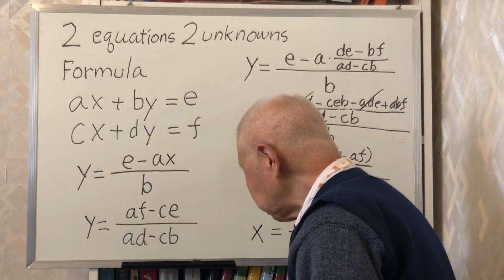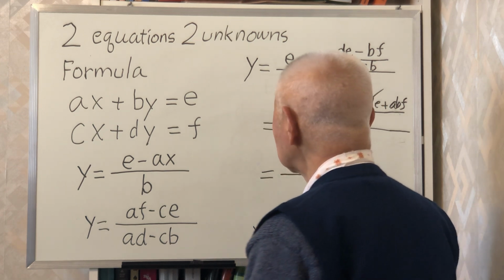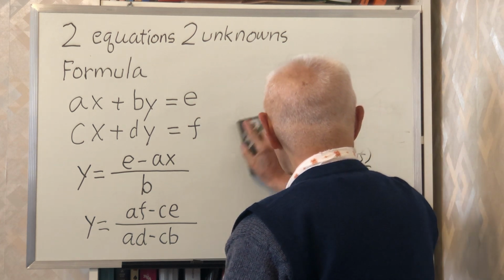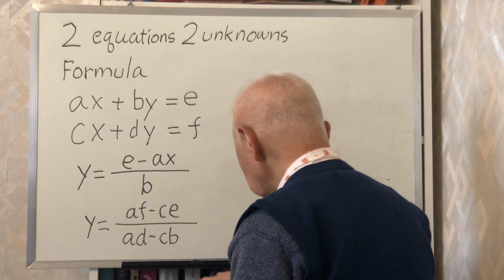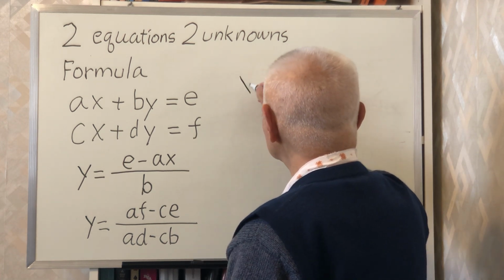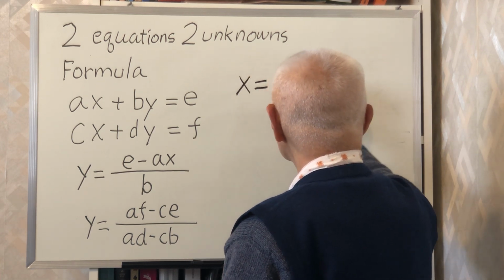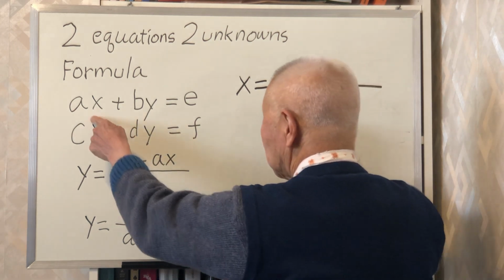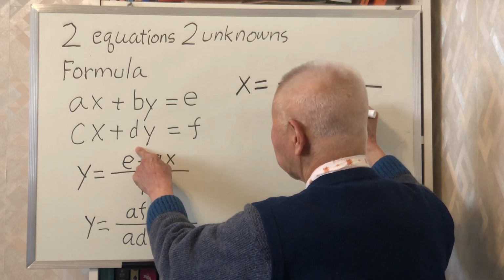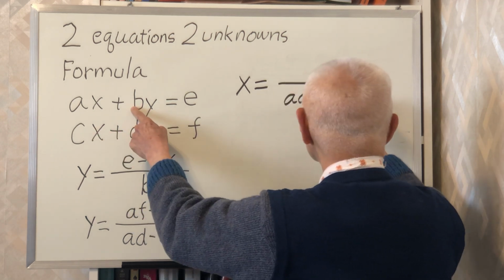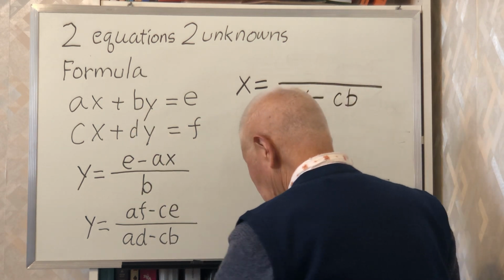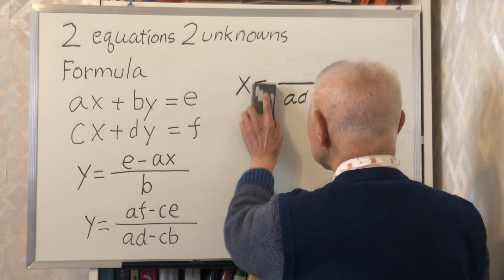Let me rewrite my result here. x is AD minus CB in the denominator, but for x, I need a negative sign.